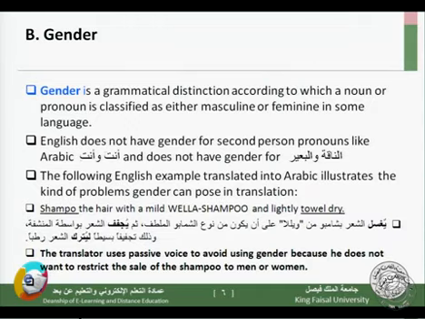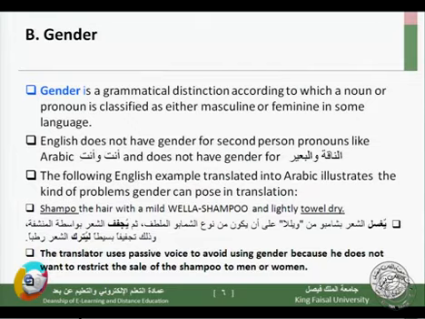Now we have this example. The following example in English, translated from English into Arabic, illustrates the kind of problems you would face when you are dealing with gender. Now, shampoo, this is an advertisement, or instructions, sorry.